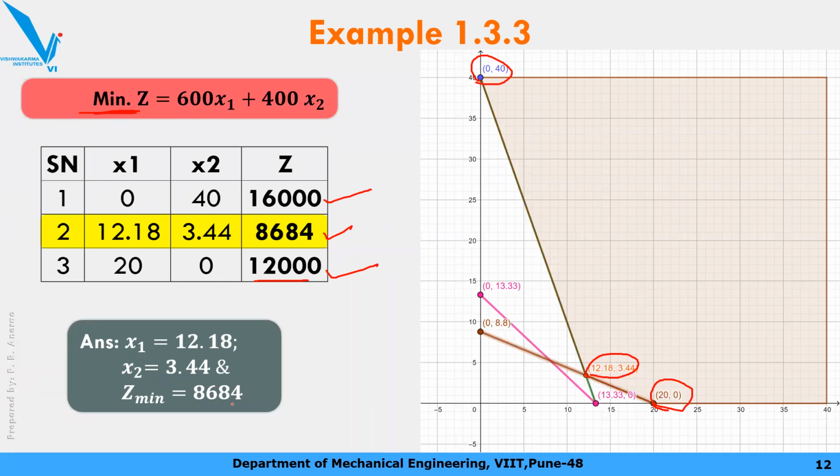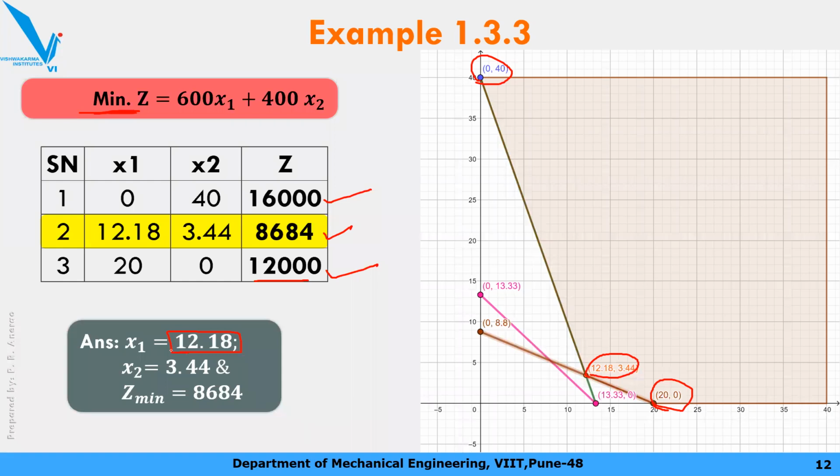But technically you cannot run a plant for 12.18 days. If you remember the second lecture, we assumed continuity, that the decision variables can take fractional values too.